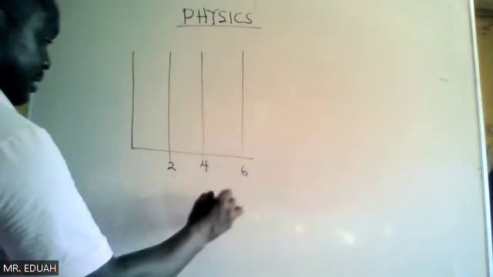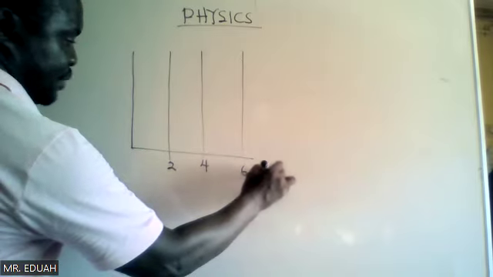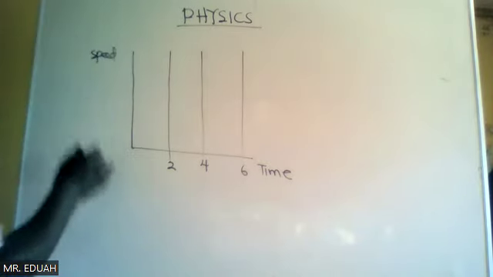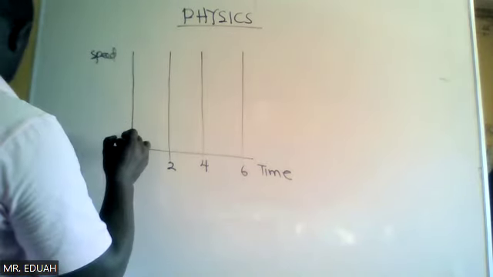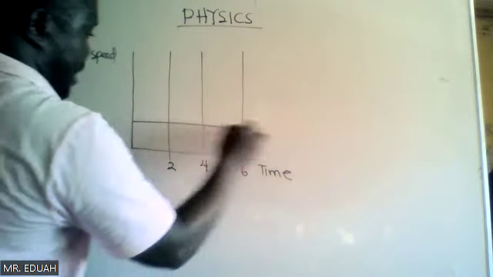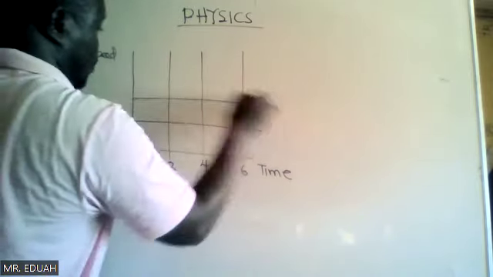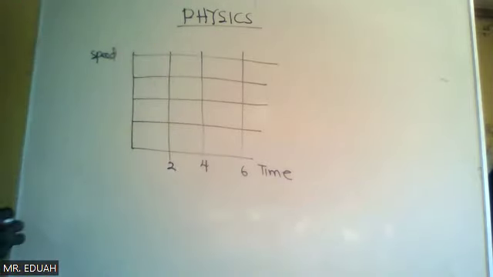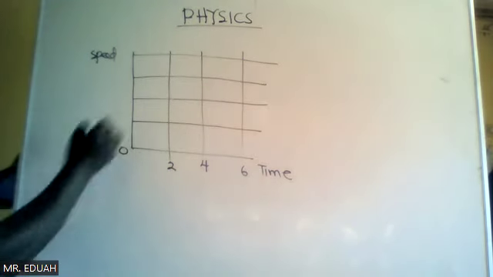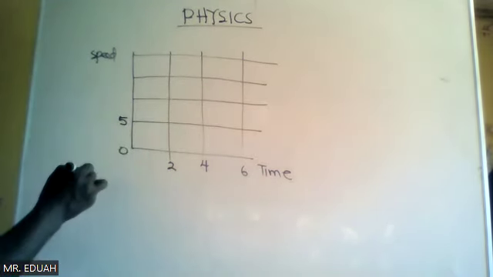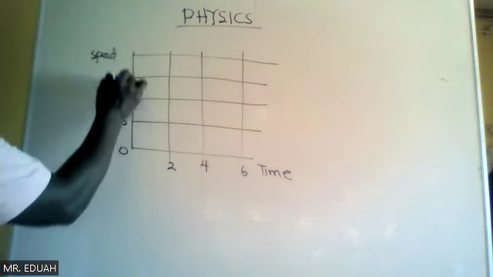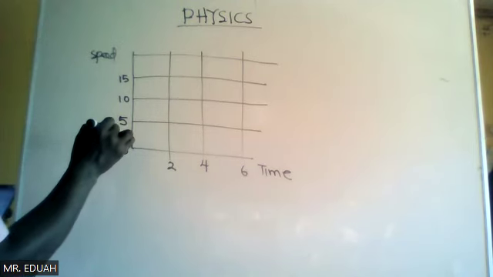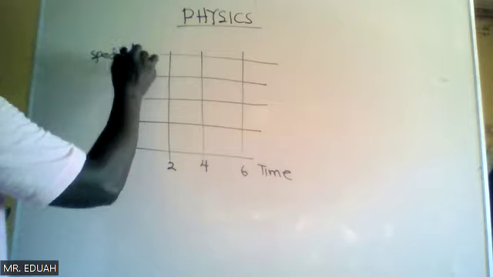And this is a speed time graph. Then we have 1, 2, 3, 4, and 0, 5, 10, 15. Okay. I must create another one.